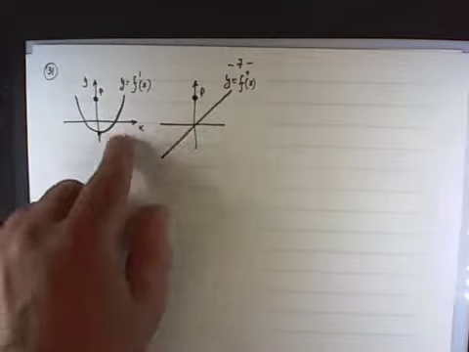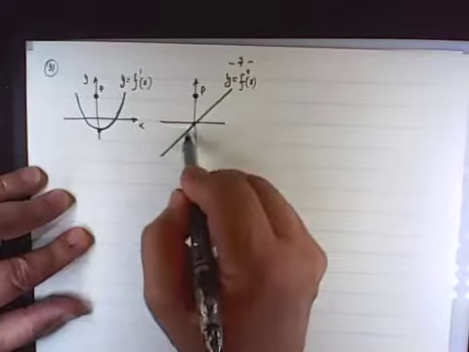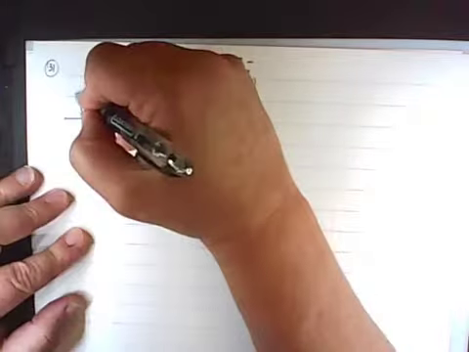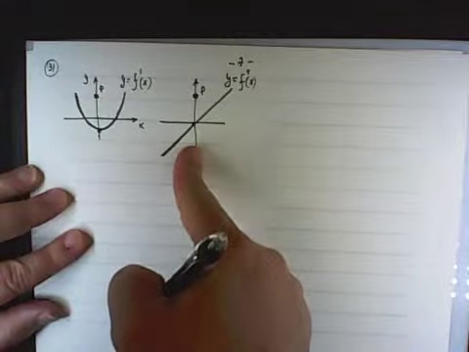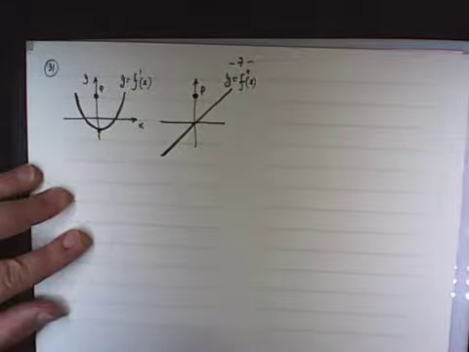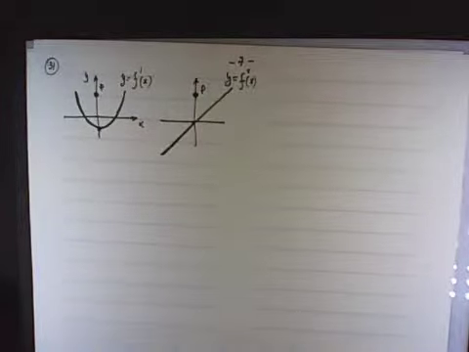So we see agreement, and the other part is it's negative to the left. So indeed, the function that generates this derivative is decreasing. So that's okay.